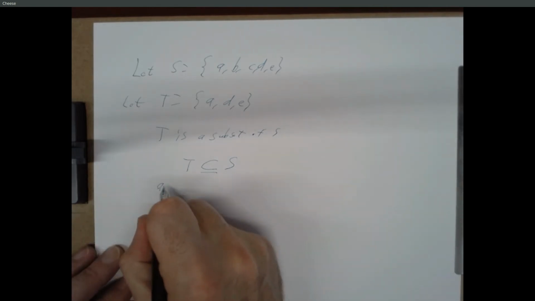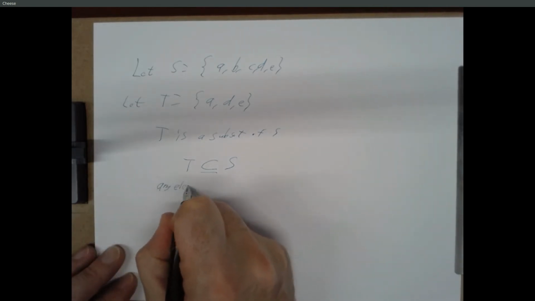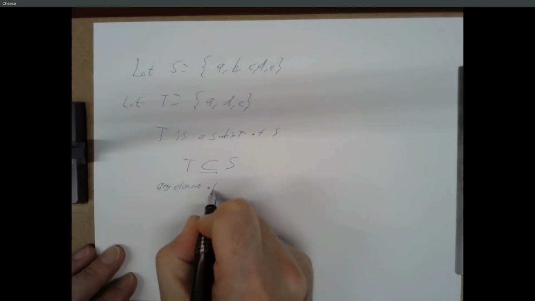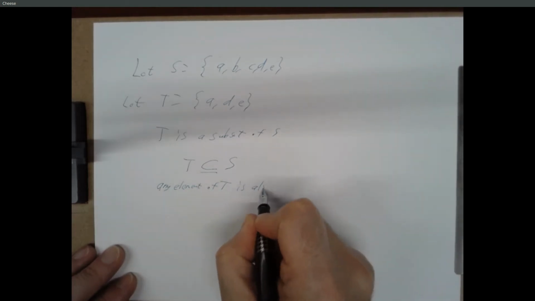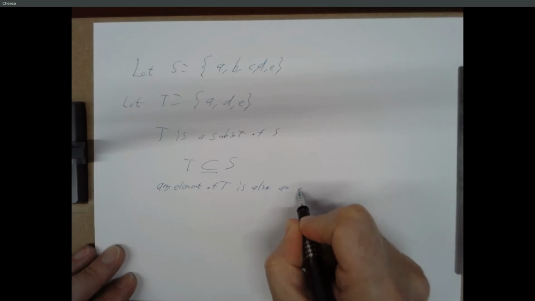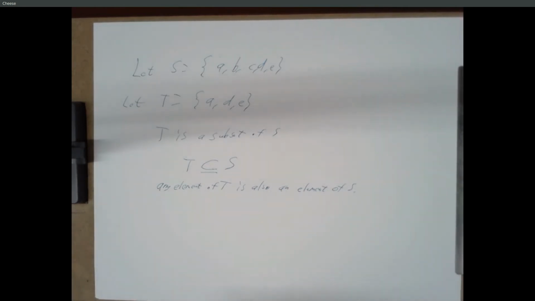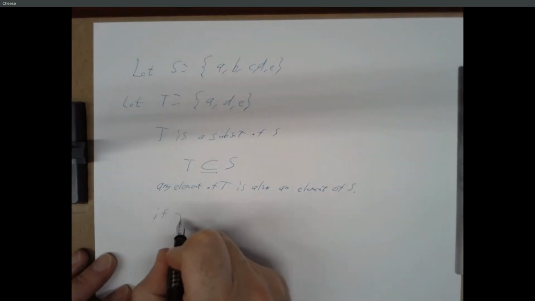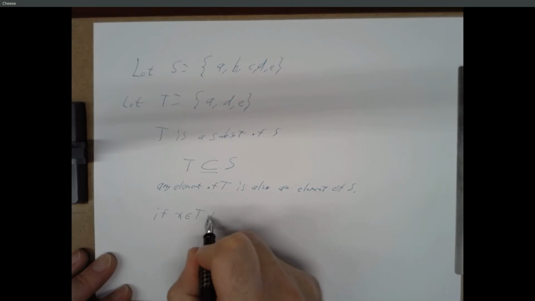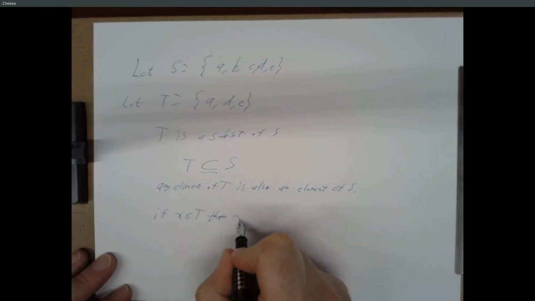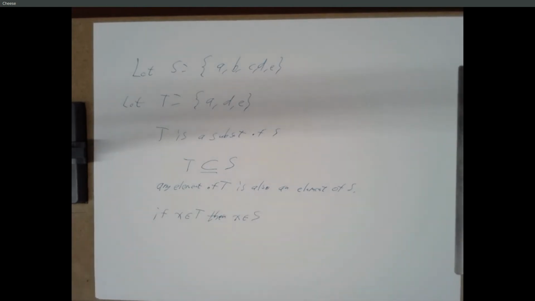Any element of T is also an element of S. Or we could say if X is contained in T, then X is contained in S. So the even integers are a subset of the set of all integers, for example.